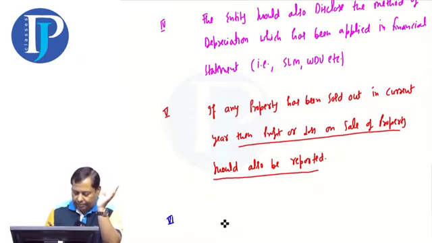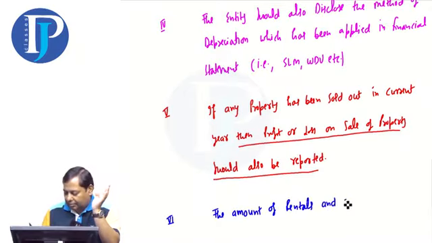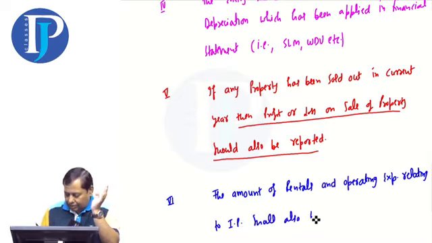In the sixth, the amount of rentals and operating expenses shall also be disclosed.